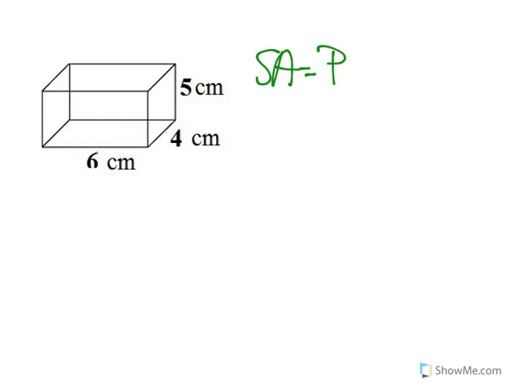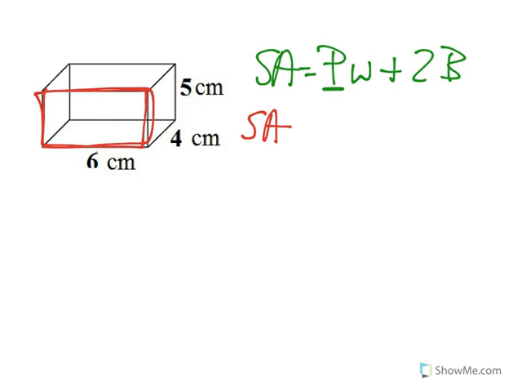Surface area is P times W plus 2 times B. Perimeter. What is my special shape here? It's a rectangular prism. So I need my perimeter of this. My perimeter, this is 6. This is 5. This is 6. This is 5. So I need my perimeter. That's 12 plus 10 is 22.